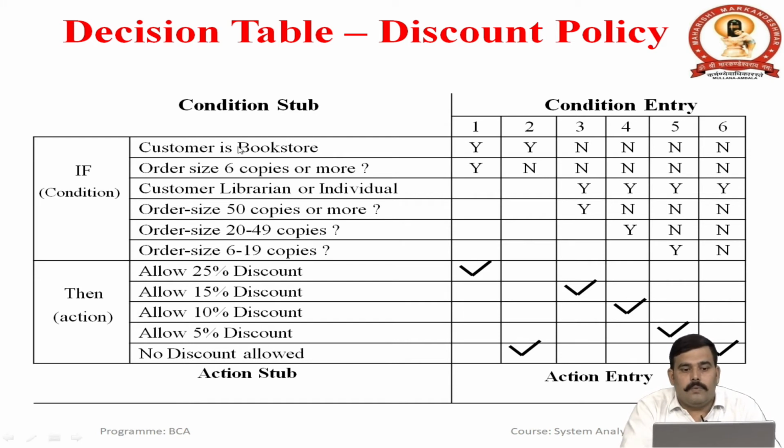There is no other combination for the customer bookstore, so in columns 3, 4, 5 and 6 we have no for it, because we have completed all the combinations of condition and action for the customer bookstore.